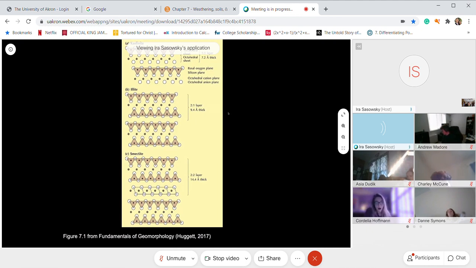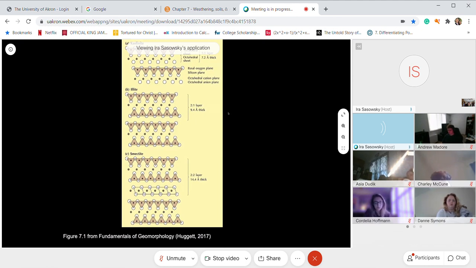The kaolinitic clays have a one-to-one layer with a typical thickness given there in angstroms. It's a tetrahedral organized sheet bonded to an octahedral sheet, and then it just stacks on similarly.